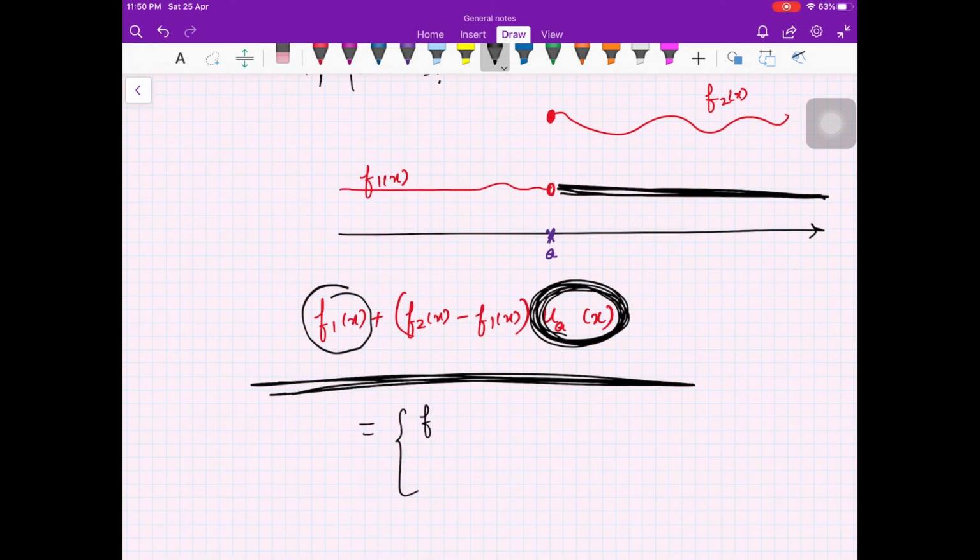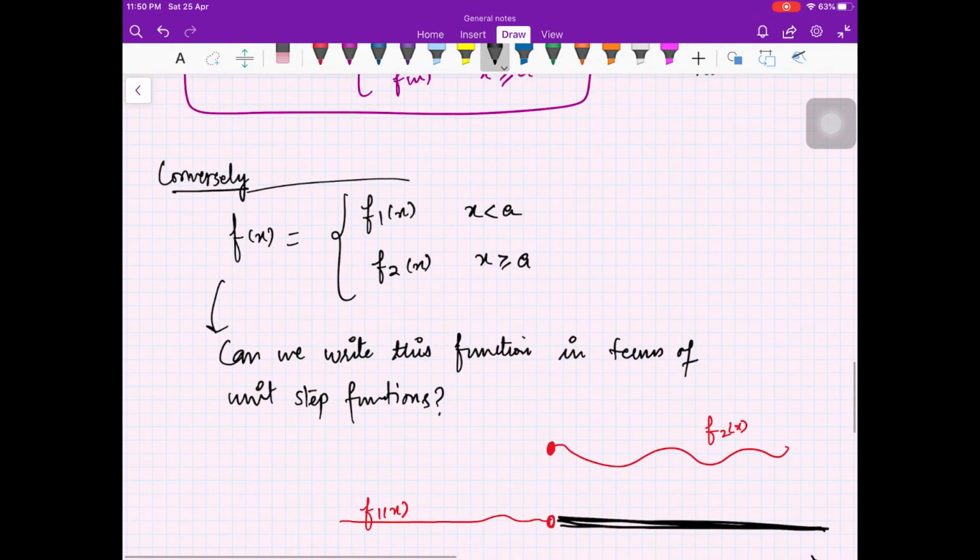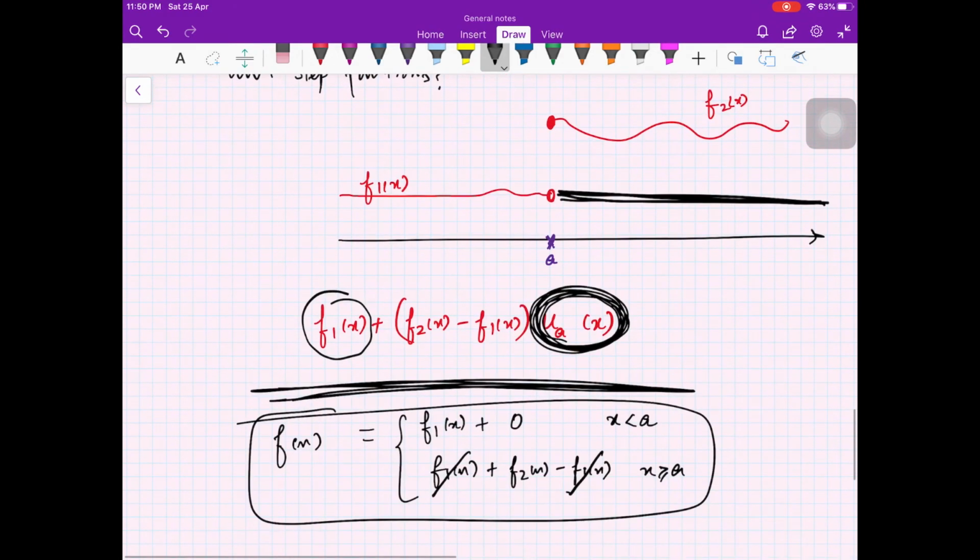So if you open this function, you will get f1(x) plus 0 for x less than a, and f1(x) plus f2(x) minus f1(x) for x greater than or equal to a. So this f1 and f1 will cancel and you will get your function back, right? So whatever was the original.